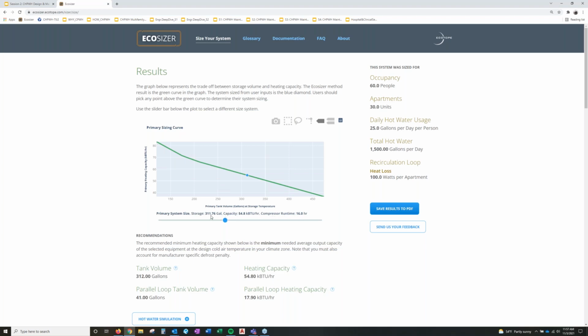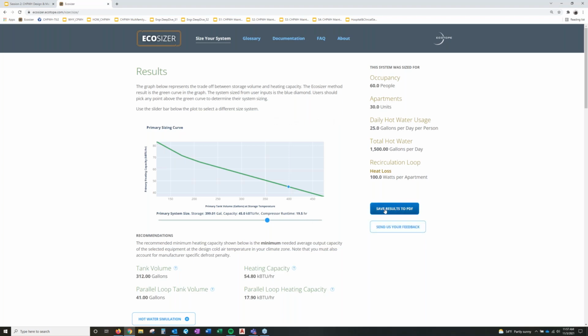And we need 312 gallons of storage and 55 kBtu per hour of heat capacity. We can increase the storage to take that 55 kBtu per hour heat capacity down to 45, but now we need close to 400 gallons of storage, and the heat pumps are going to be running for an extended duration or longer than that 16-hour period.